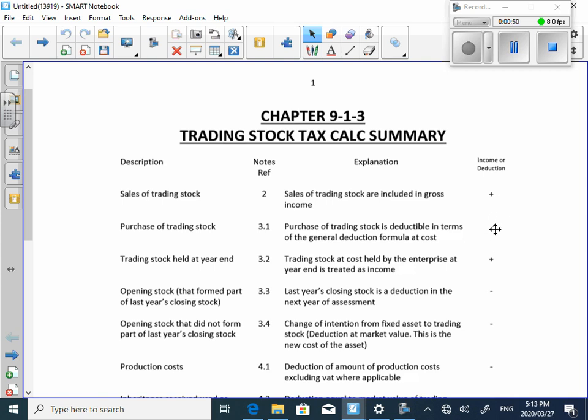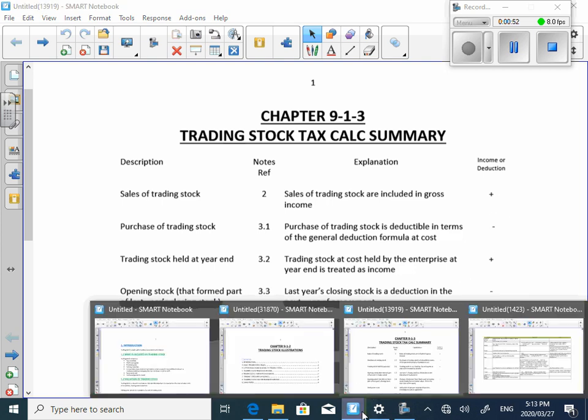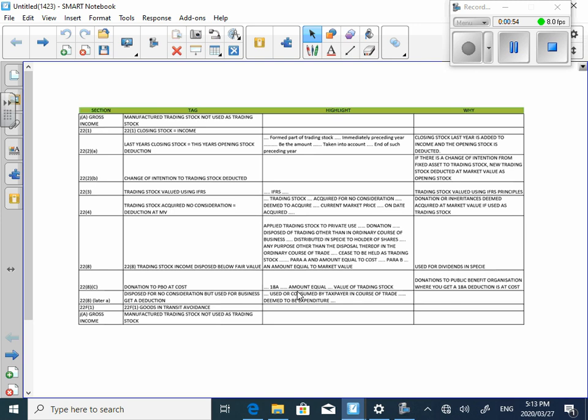A plus means income, a minus means a deduction, and there's also a legislation list that I'm going to refer to. After the set of notes is completed, there's a teaching example for trading stock that I'd like you to go through by yourselves and then go through and mark yourself as well.